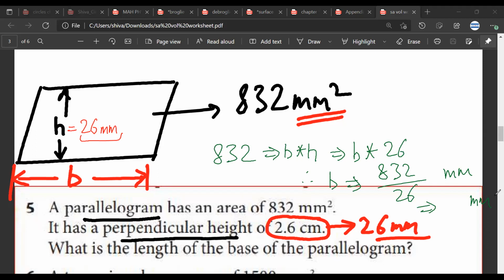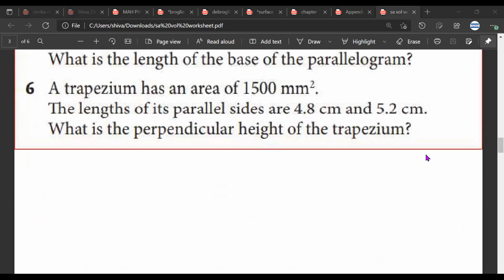So 832 divided by 26 is 32 millimeter. And if you want, you can convert this into centimeter. This will be equal to 3.2 centimeter. Mr. Satya, any doubt? No doubt, sir. Mr. Sarthak, any doubt? No, sir. Okay.